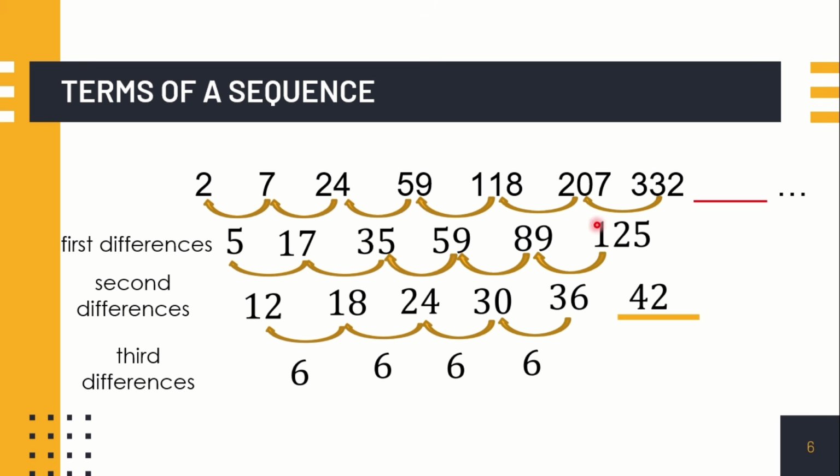And then, we add it to the last term in the first differences. 125 plus 42, that is 167. To get the next term in our given sequence, we add 332 plus 167, and that is 499. Okay, so that is how to predict the next number.